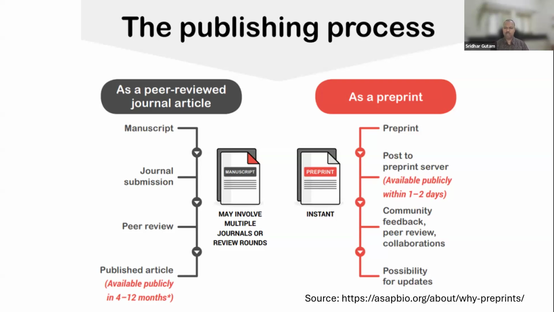Ultimately, a researcher would like to publish in a journal, but that takes 4 to 12 months, a considerable time, and the researcher would like to claim priority of the work, as we'll see in the next slides. One researcher is working in lab A and another in lab B, at the same time on the same aspects, but there is no crosstalk between them because nothing is being shared, and they work independently.